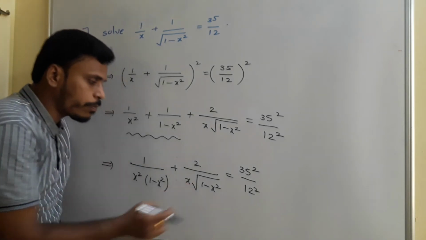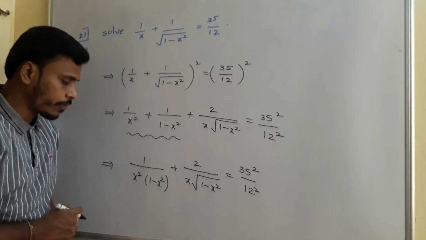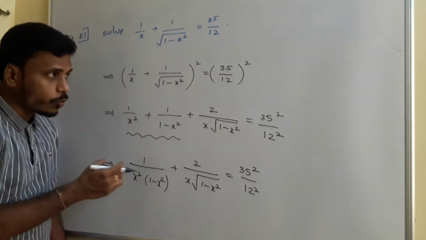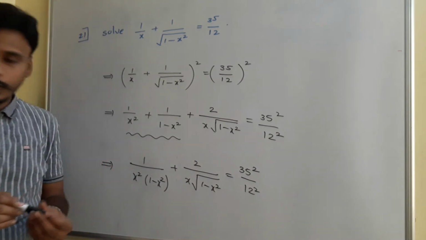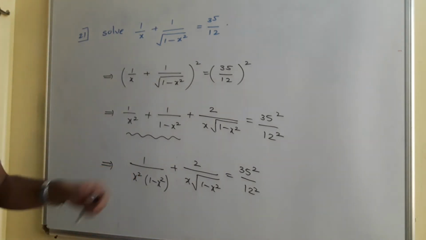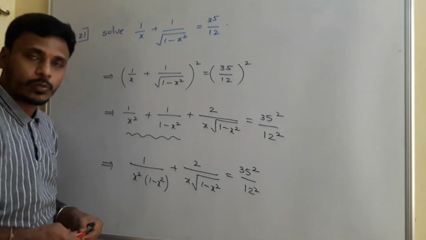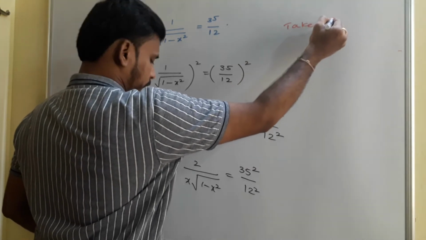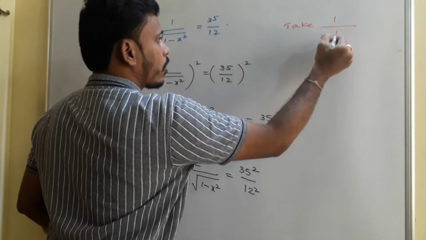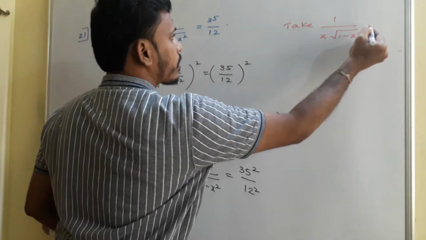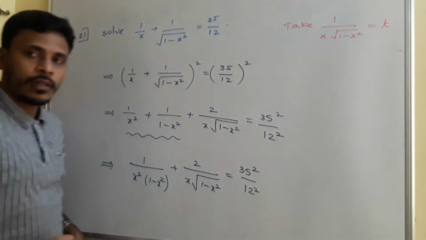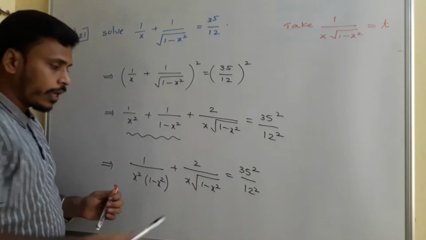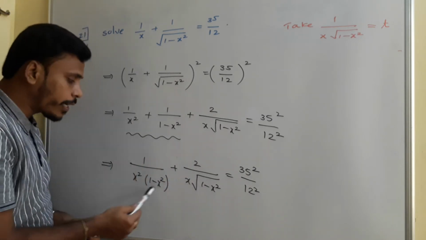When you look at this, x by root of 1 minus x square, its square is x square into 1 minus x square. So with that idea, I will take this 1 by x root of 1 minus x square as some t. If I consider 1 by x root of 1 minus x square as t, it becomes 2t, and it becomes 1 by t square.